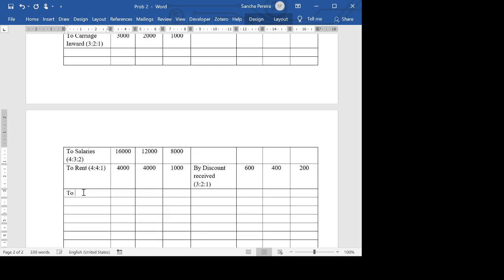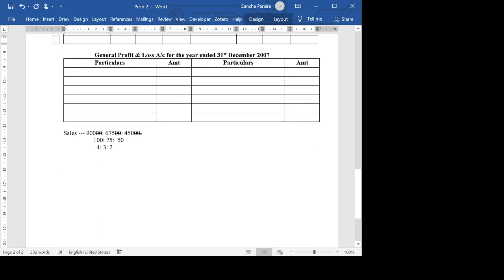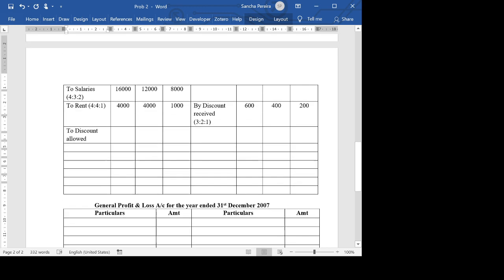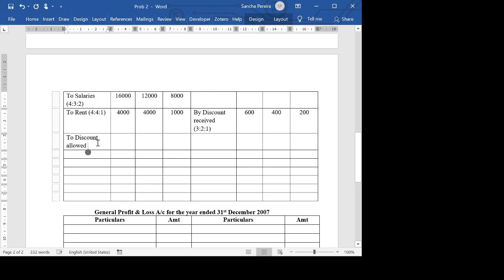Again, discount allowed will be in proportion to your sales, and this is the ratio of sales, 4:3:2. So 2,700 divided by 4:3:2, we will get 1,200, 900, and 600.